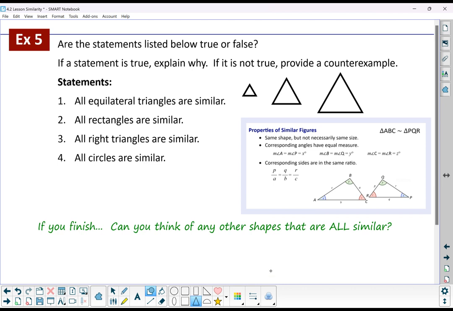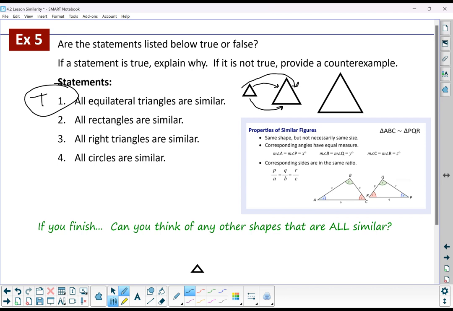And I think hopefully you can see that that would be true because whatever this side gets multiplied by, this one would also get multiplied by. Since all three sides are the same, we can definitely find a scale factor to connect those two shapes. So this is true. All equilateral triangles are similar.